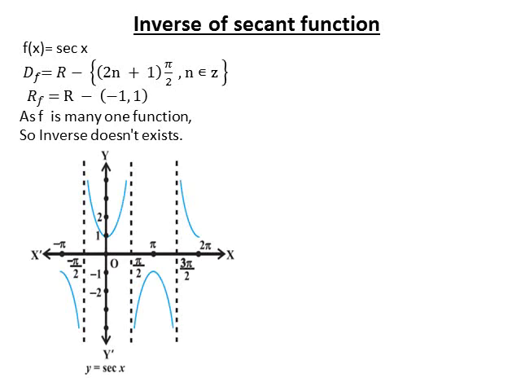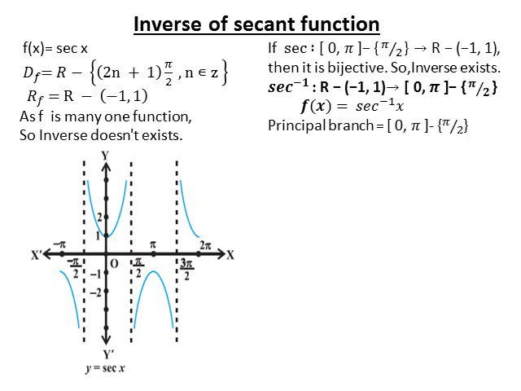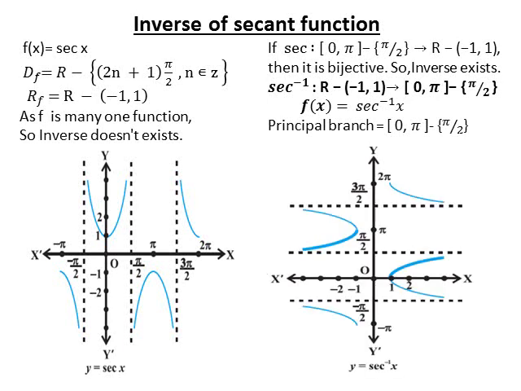But if we take domain of secant function closed interval 0 to pi except pi by 2 and range as set R of all real numbers except open interval minus 1 to 1, within this mapping secant function is bijective, so inverse of secant function exists and domain of secant inverse x is equal to set R of all real numbers except open interval minus 1 to 1 and range is the closed interval 0 to pi except pi by 2, which is also known as principal value branch. This is the graph of secant inverse x function.